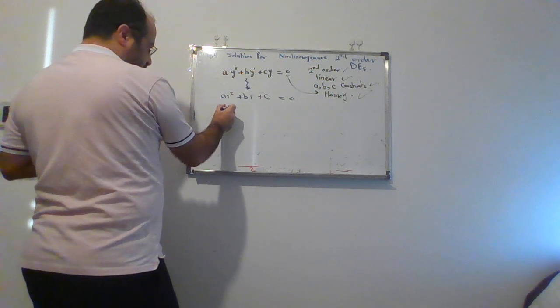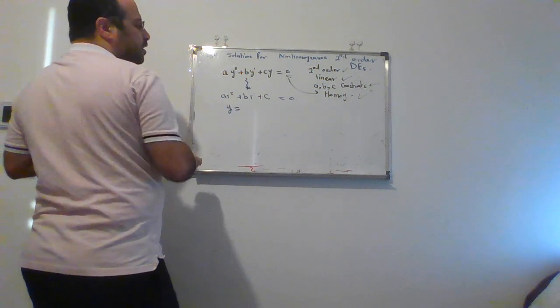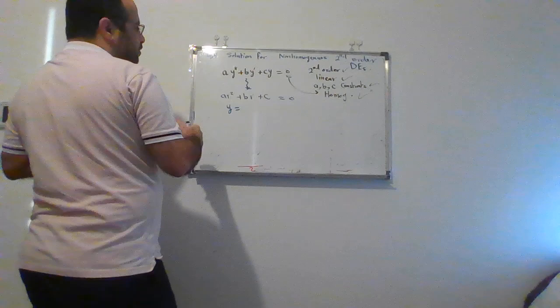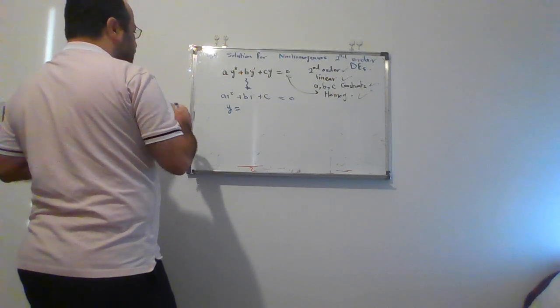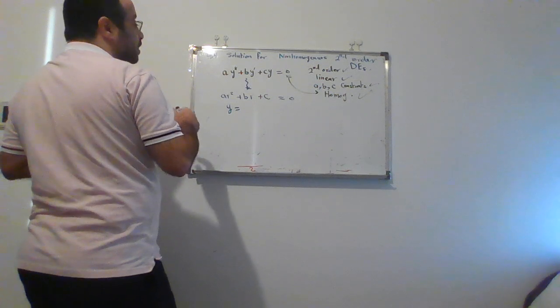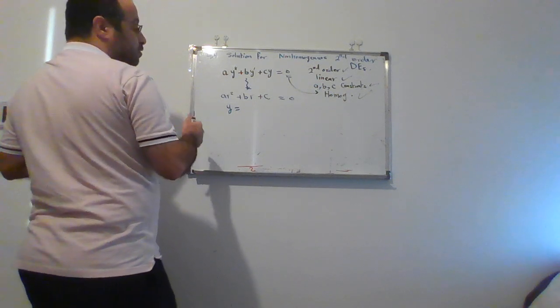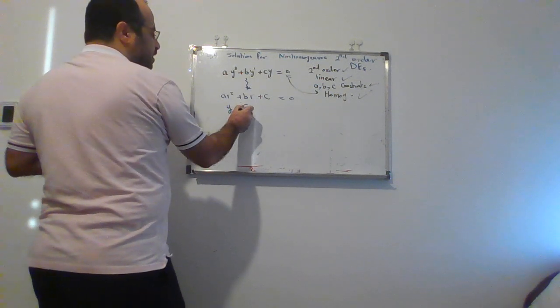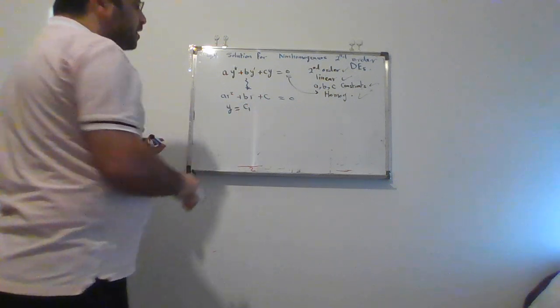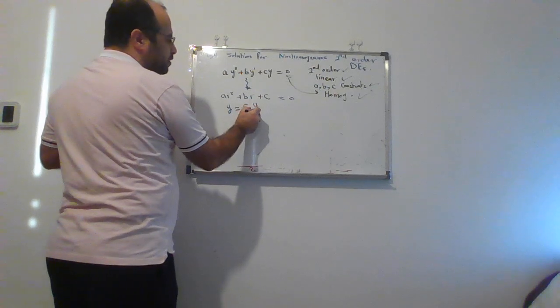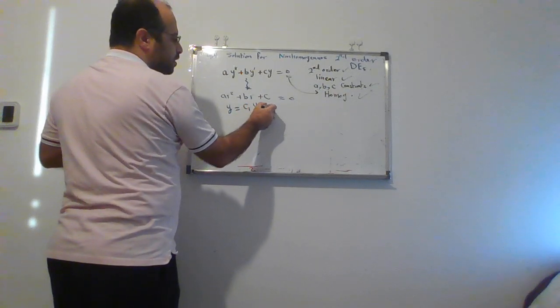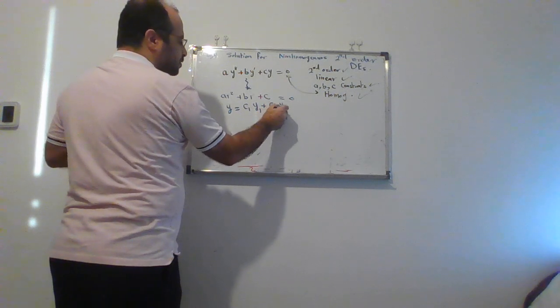Your solution finally is one of three cases: two different real roots, or one repeated real root, or two complex roots. And finally, you need to get two solutions for the second order differential equation, and you use them to build your general solution, y equals c1 y1 plus c2 y2.